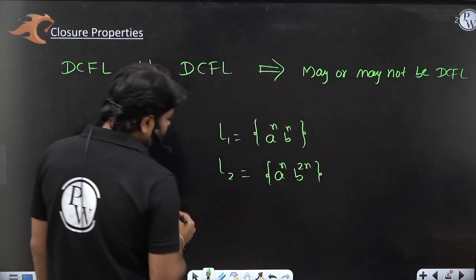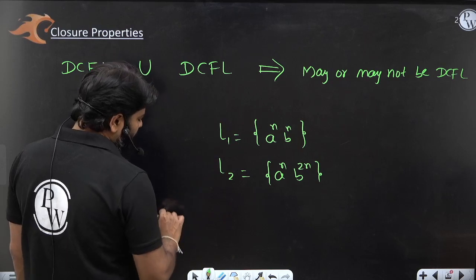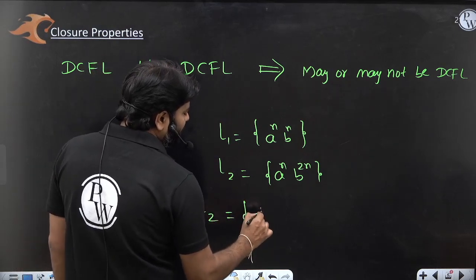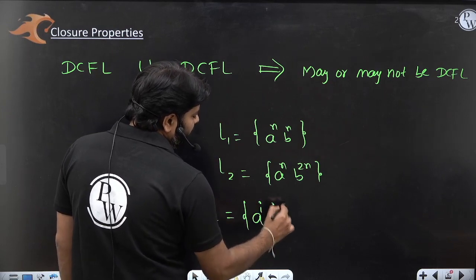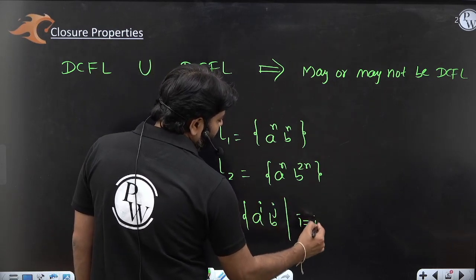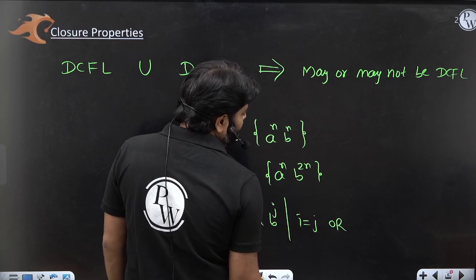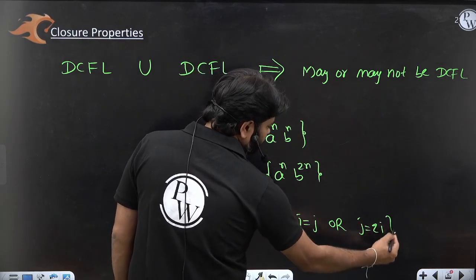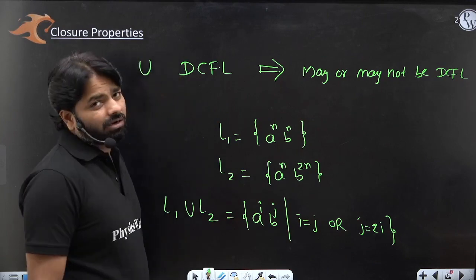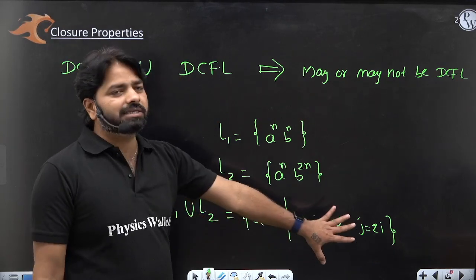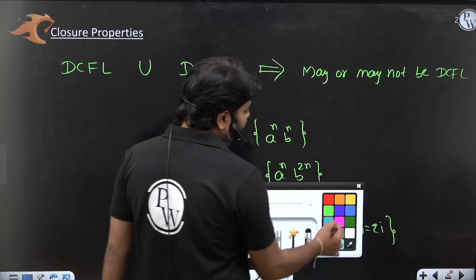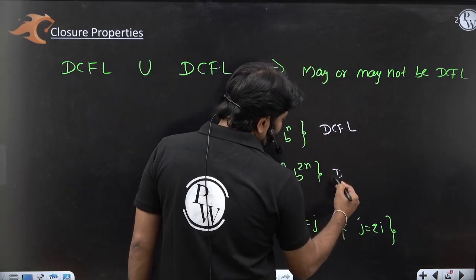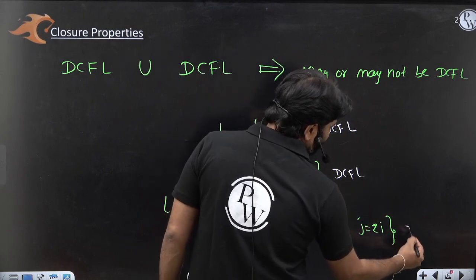When you do the union, L1 union L2, you get a power i, b power j such that i is equal to j, or j is equal to 2i. Now this is not a DCFL. This example is enough to show why it is not closed. Each language is a DCFL, but the union is not a DCFL.